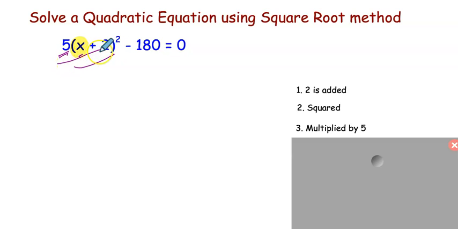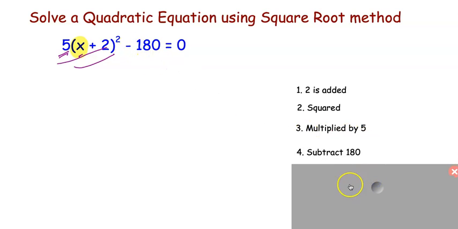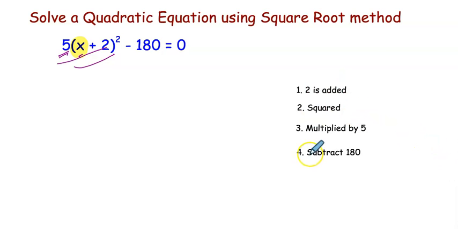So 5 times (x plus 2) whole squared, then there is a subtraction of 180. So those are the 4 steps. 4 things happened to the given x. This 5 times (x plus 2) whole squared minus 180 is equal to 0.